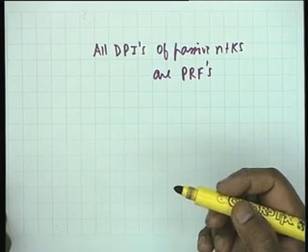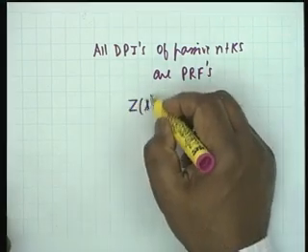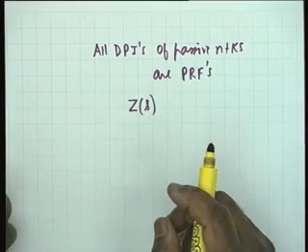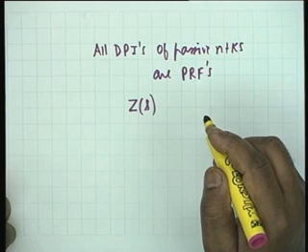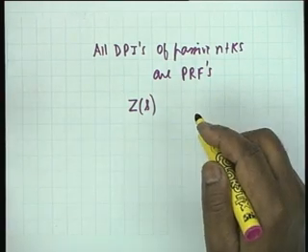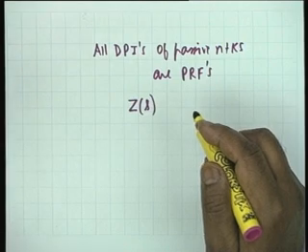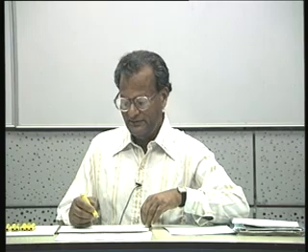We stated this as a theorem, and then we proved that all Z of s, driving point impedance, satisfies the property that Z of s is real for s real, and real part of Z of s is non-negative for real part of s non-negative. We also proved that if f is PR, then 1 by f is PR. Therefore, if Z of s is PR, 1 by Z of s, which is admittance, should also be PR.